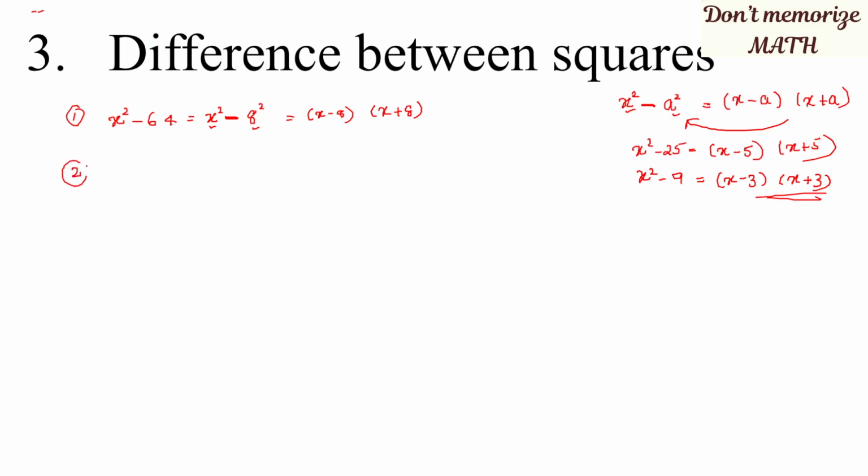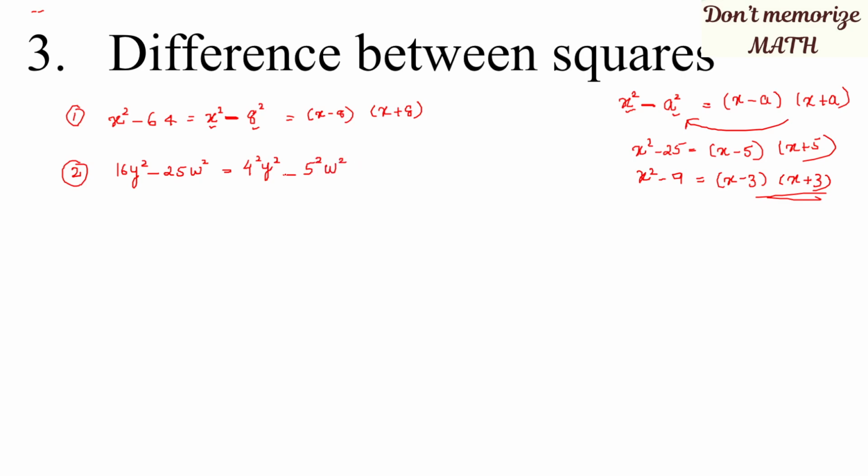So the second type is, I will write the question, 16y square minus 25w square. It is the same as the first one. The thing is, with y square we have one more number. So what is 16? 16 is 4 square. So you can write 4 square y square minus 25, you can write it as 5 square w square.